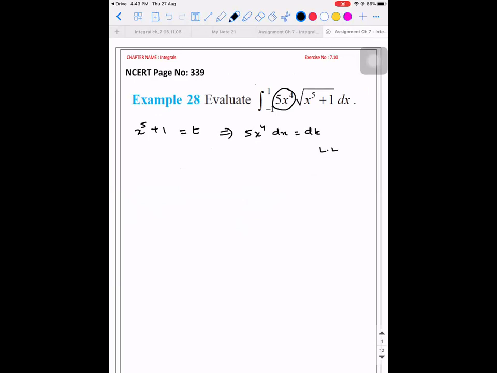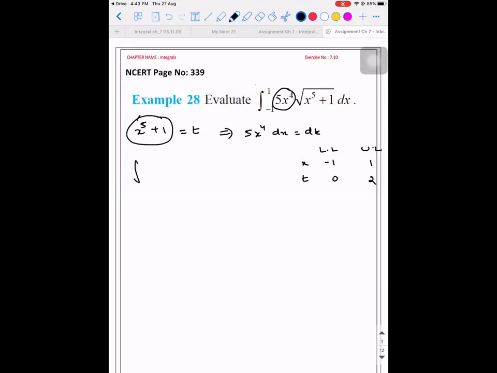Lower limit, upper limit. X is minus 1, t is 0, because you substitute minus 1 here. Minus 1 power 5 is minus 1. Minus 1 plus 1 is 0. Similarly, upper limit you substitute 1 here. 1 plus 1 is 2.